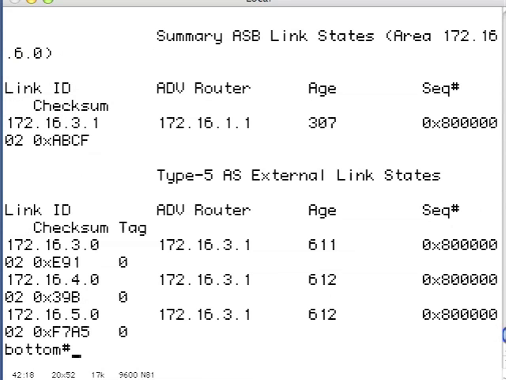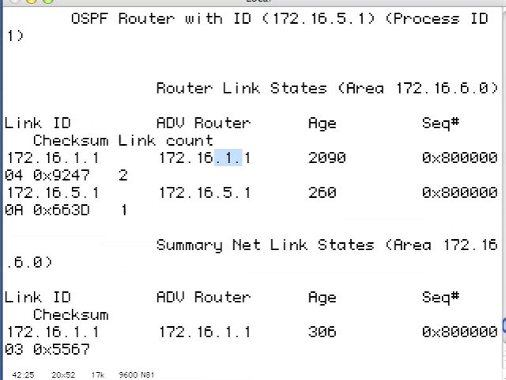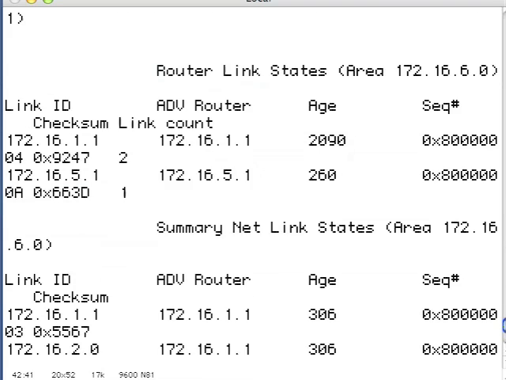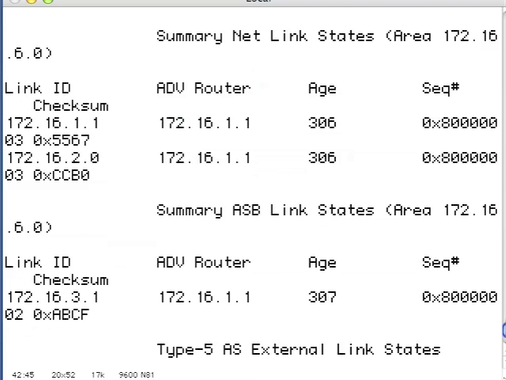I'm just refusing to use them because I don't have a neighbor relationship with 172.16.1.1. So even though I know that router is connected to various subnets thanks to this router LSA, since my neighbor relationship with them is down, I'm just ignoring the LSA and not entering those OSPF routes into the route table because something's obviously broken here.